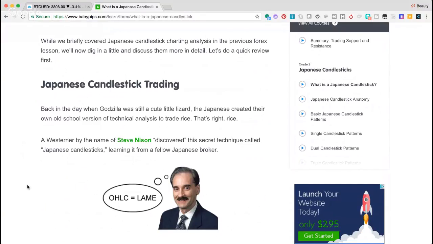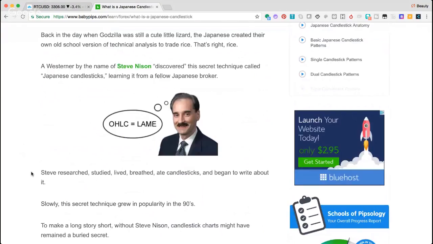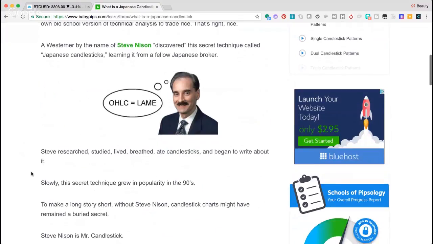Japanese candlestick trading. Back in the day when Godzilla was still a cute little lizard, the Japanese created their own old school version of technical analysis to trade rice. That's right, rice. A Westerner by the name of Steve Nison discovered this secret technique called Japanese candlesticks, learning it from a fellow Japanese broker.